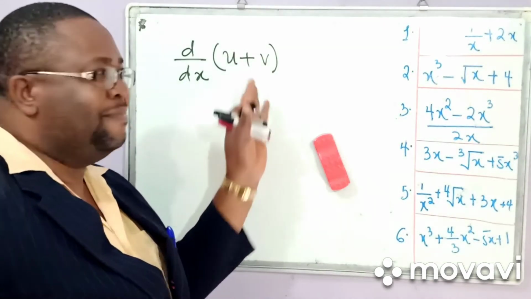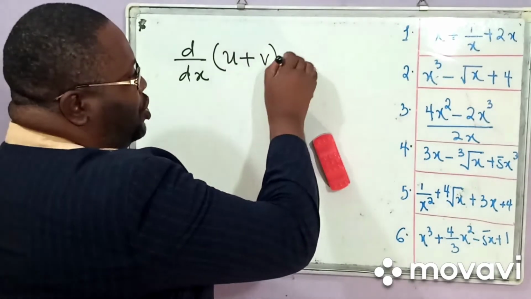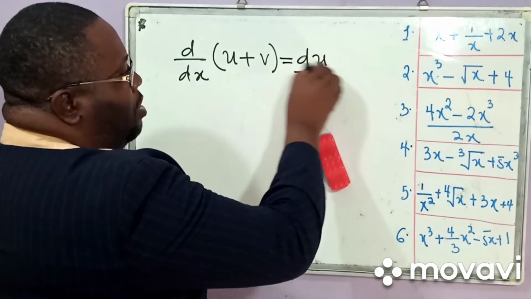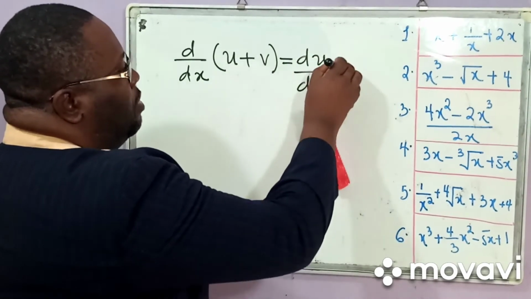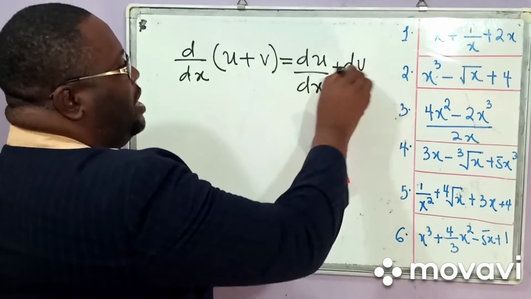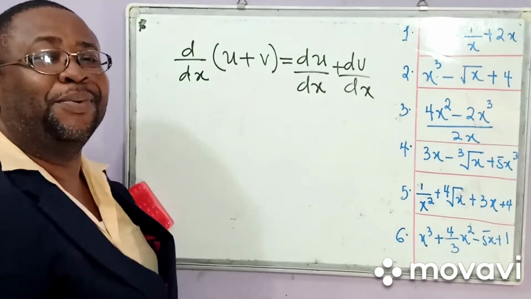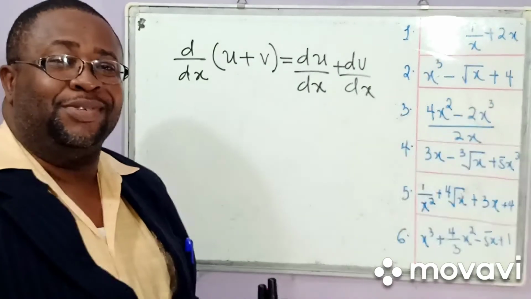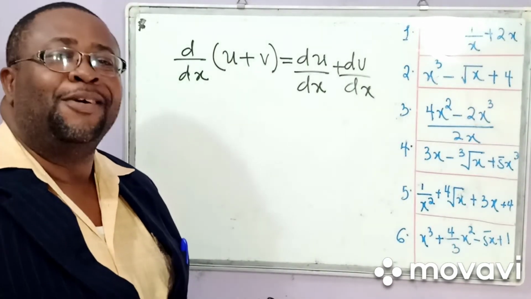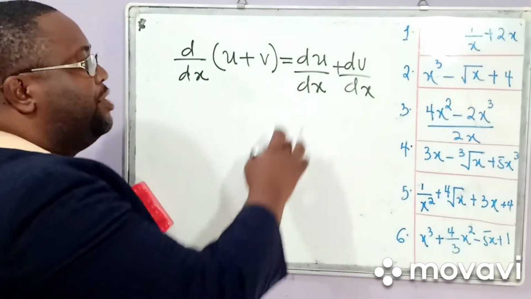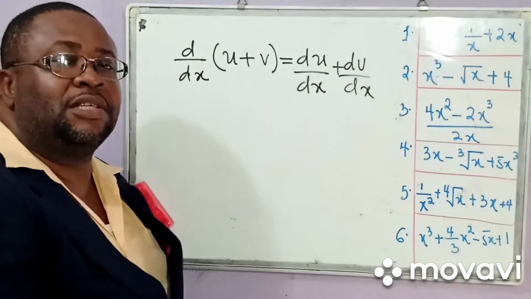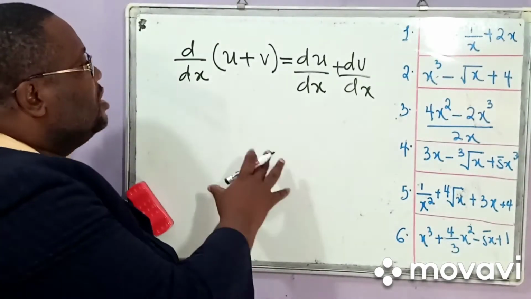It simply becomes equal to du by dx plus dv by dx. So whenever you have to differentiate a sum, all you are going to do is differentiate the terms separately. Okay, this is the sum rule.